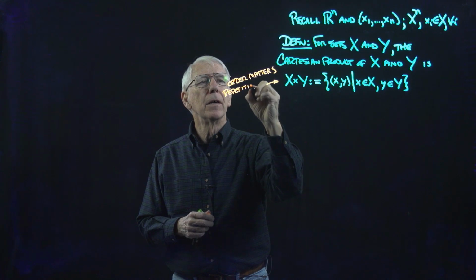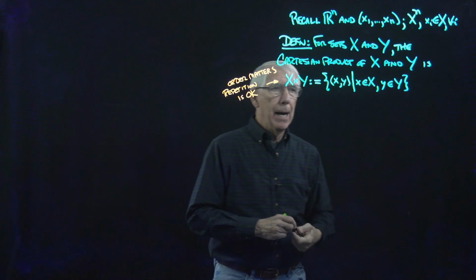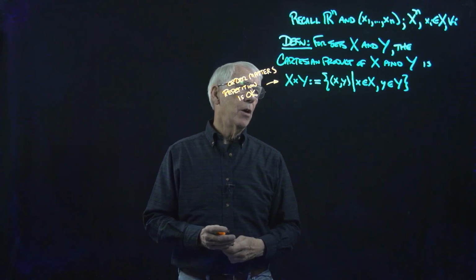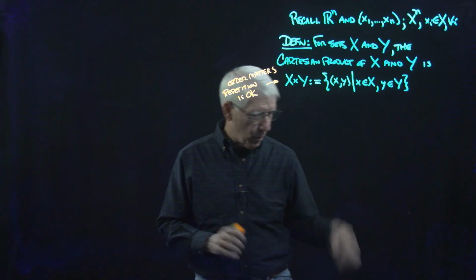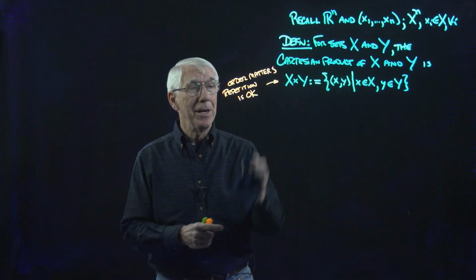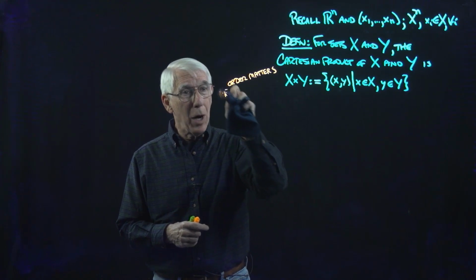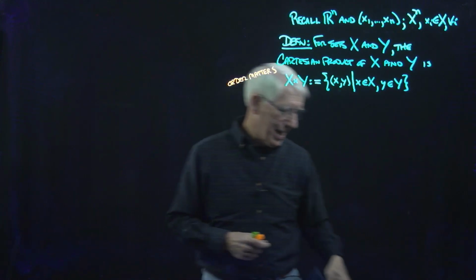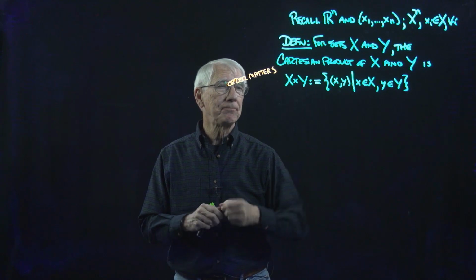Well, here, I suppose repetition doesn't actually have any particular meaning if X and Y are different sets, so let me take that off. It's certainly okay if X equals Y, but it doesn't really make any sense if X and Y are different sets. So just say order matters here.